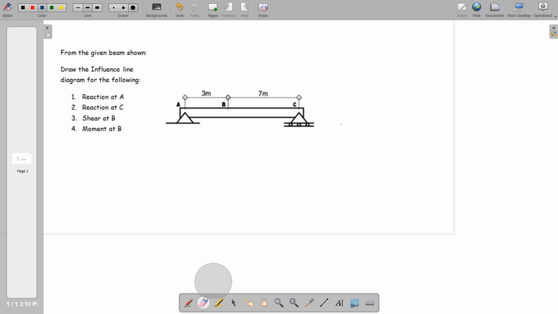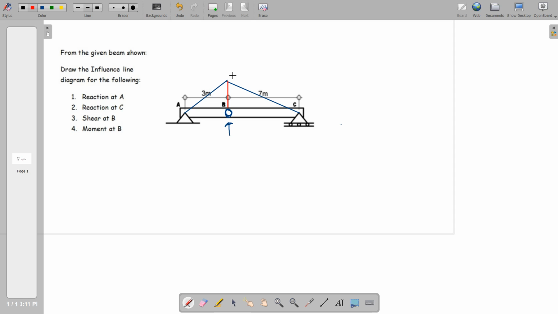And for the moment at B, we apply a pin connection here and push this upwards. If we push that upwards, this will be the figure, and then we need to compute the value of the delta.